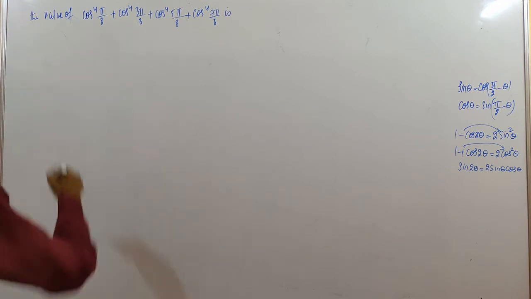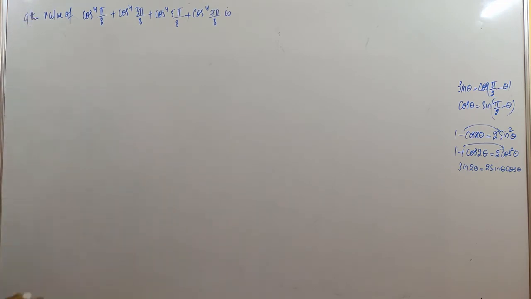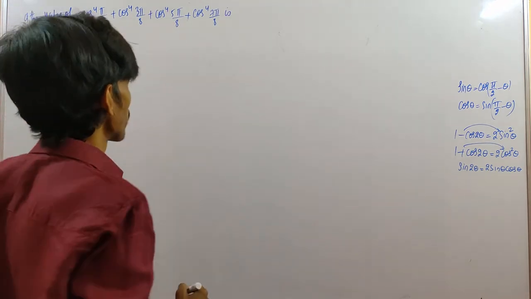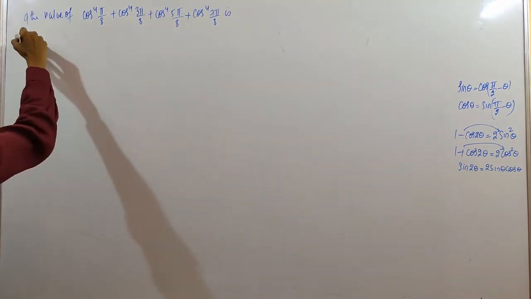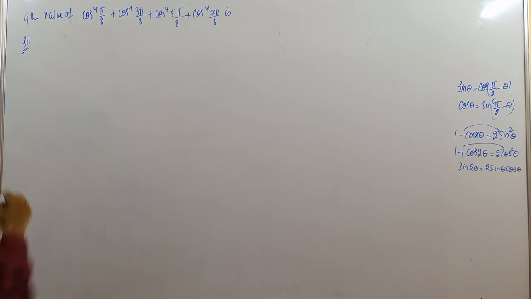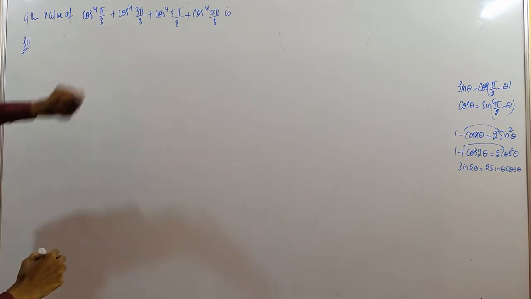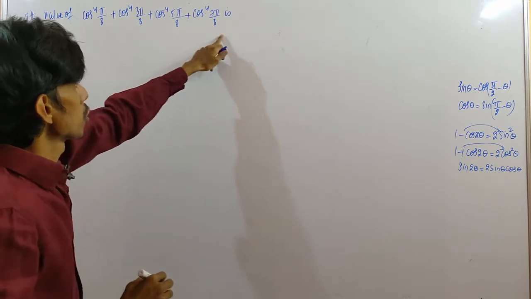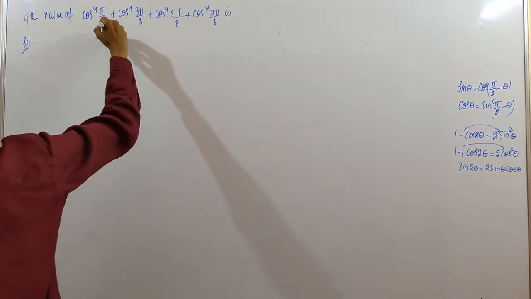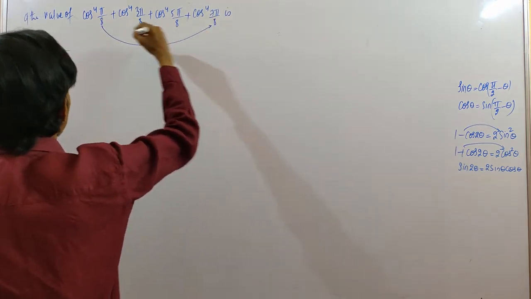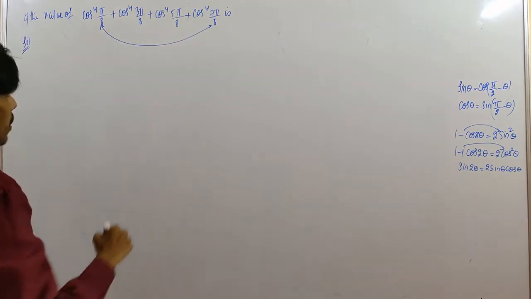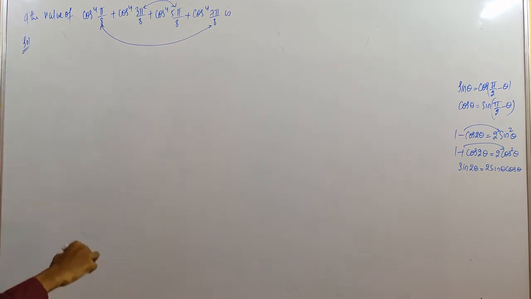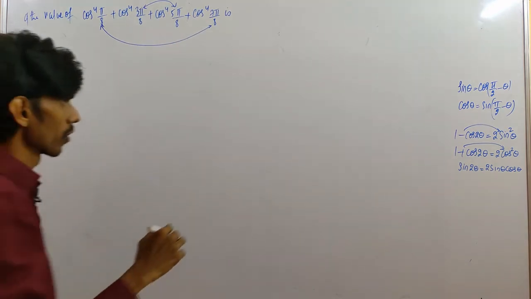The value of cos power 4 pi by 8, cos power 4 3 pi by 8, cos power 4 5 pi by 8, cos power 4 7 pi by 8 value is. We have pi by 8 basic angle and multiples of pi by 8. All these are multiples of pi by 8. Now this angle and this angle, pi by 8 and 7 pi by 8, and these two, 3 pi by 8 and 5 pi by 8.